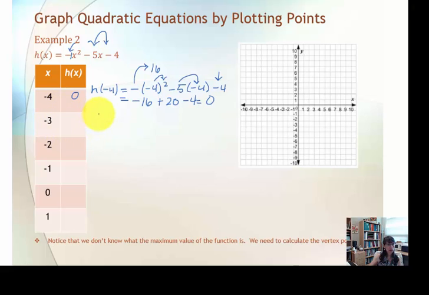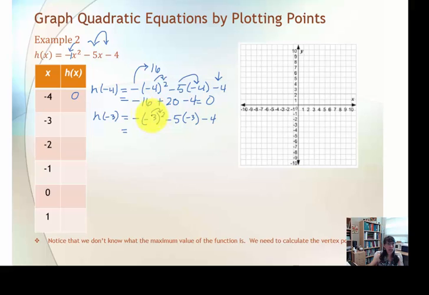Next, we'll substitute -3. So remember, the negative is separate from the quantity you are squaring. So the -3 will be squared separately from multiplying by that negative. Minus 5 times -3 minus 4. So when we simplify, first do the squaring.